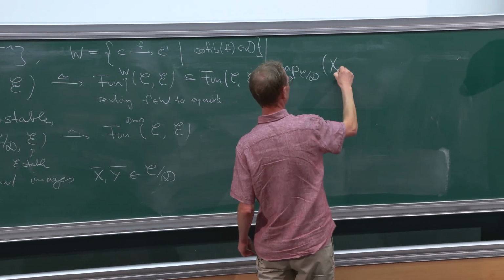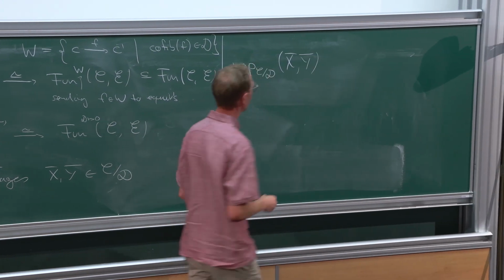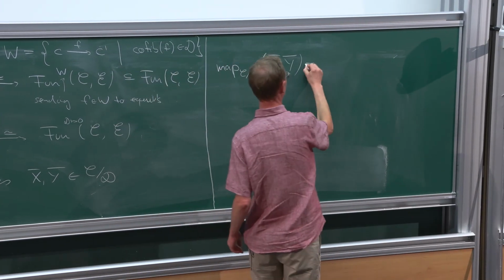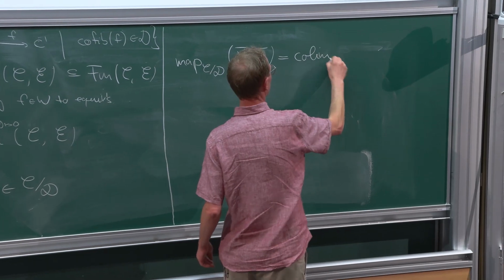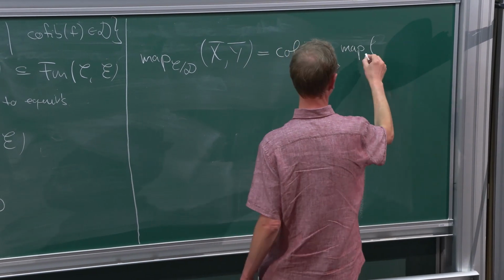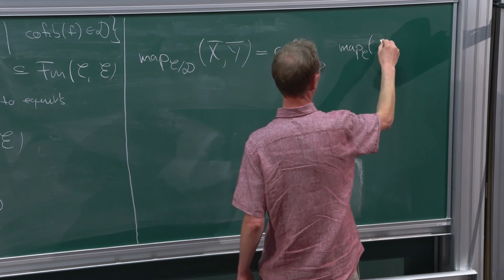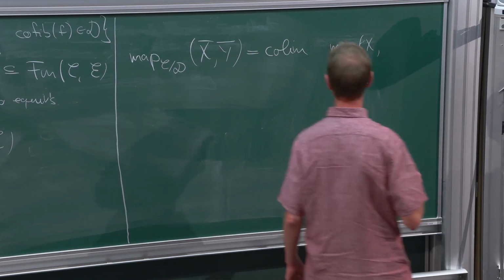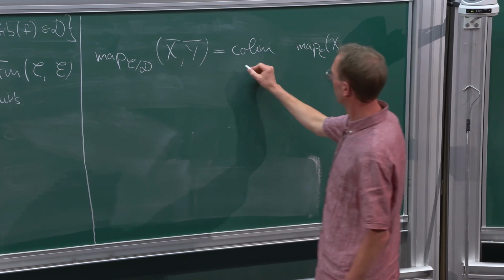The mapping space in the quotient from X bar to Y bar is given by some filtered colimit. Namely, you look at maps in the category C from X to... okay, how do I write this?